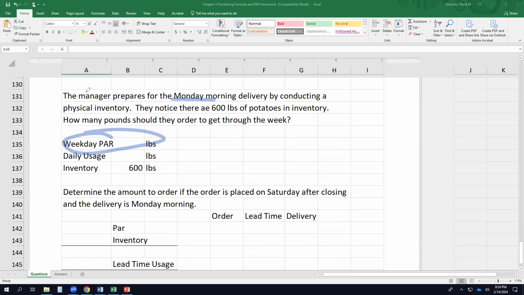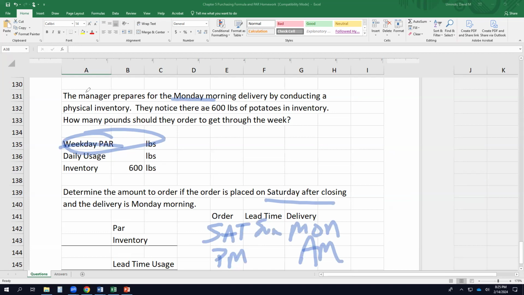But if I ordered on Saturday after closing, so I order it Saturday PM, and the delivery is Monday AM, what days are in between? Sunday, which is a weekend. So I'm using weekday par, but my daily usage is a weekend. So my usage is going to be the 400 pounds.